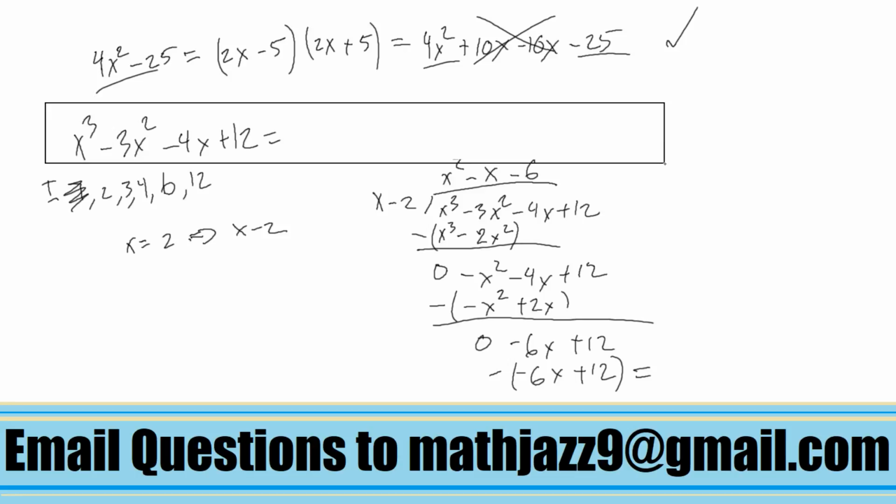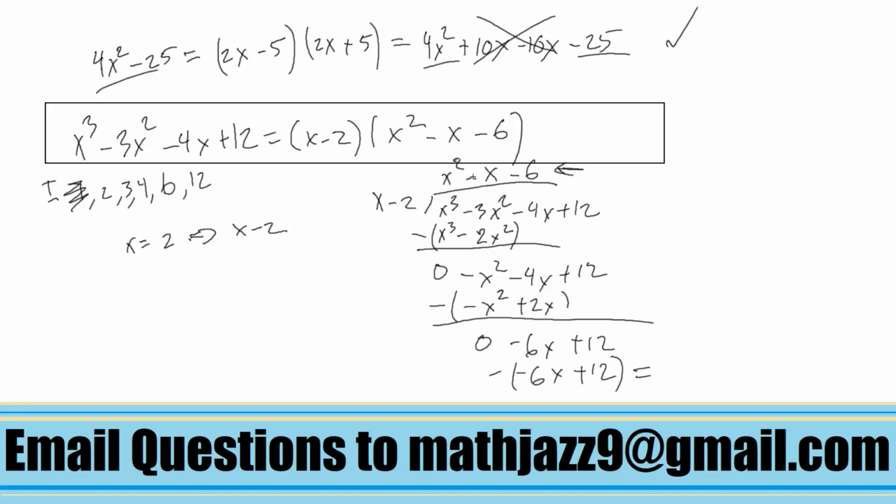So we can factor that as follows: x minus 2 times x squared minus x minus 6. That's just this here. Okay, so now we look at this chunk here, x squared minus x minus 6.